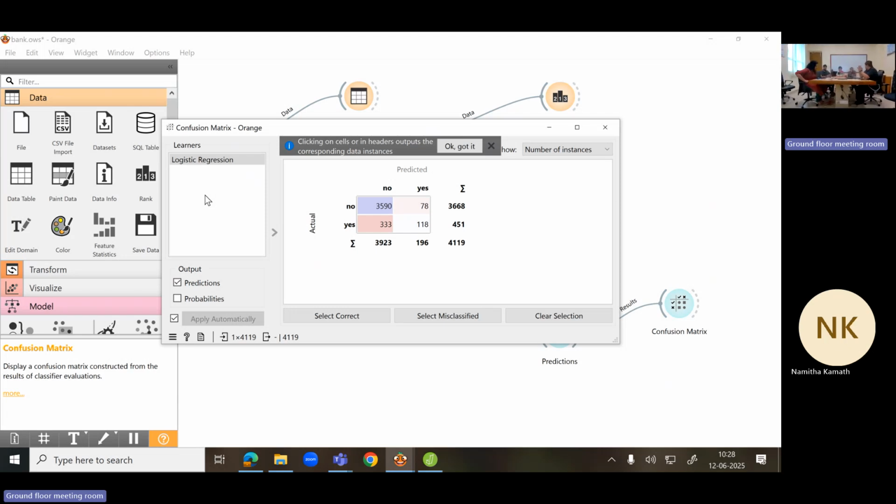Just like in any examination, say a university examination, what is the passing mark for the university? 35. So you say that if an individual scores 35 or more, that person has passed.